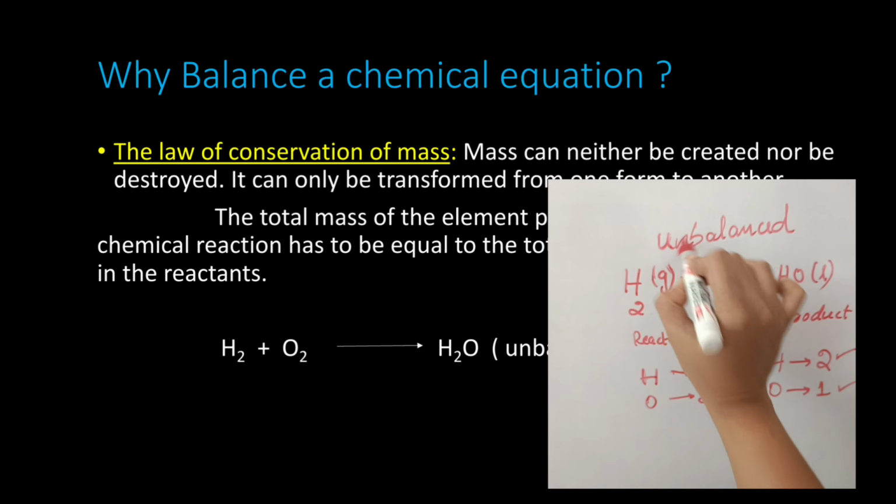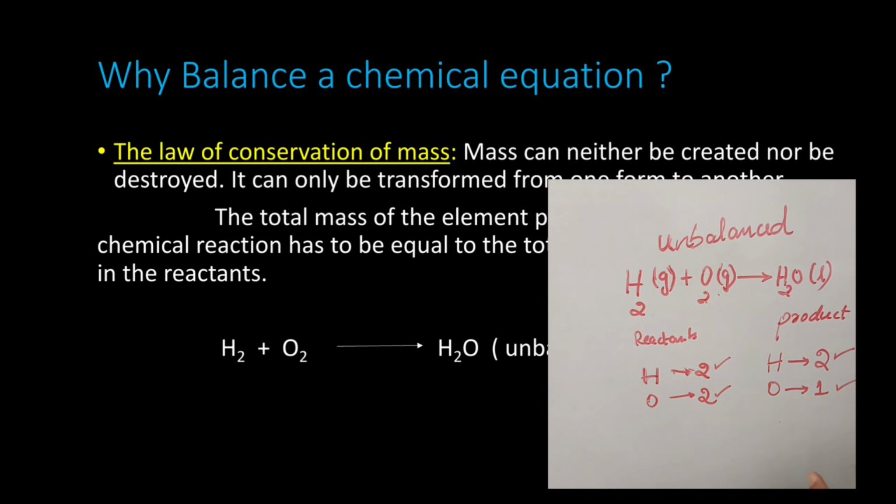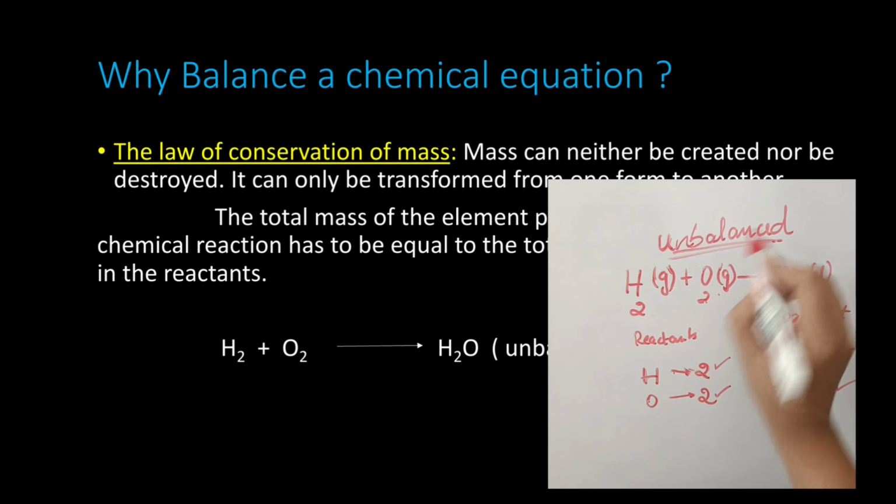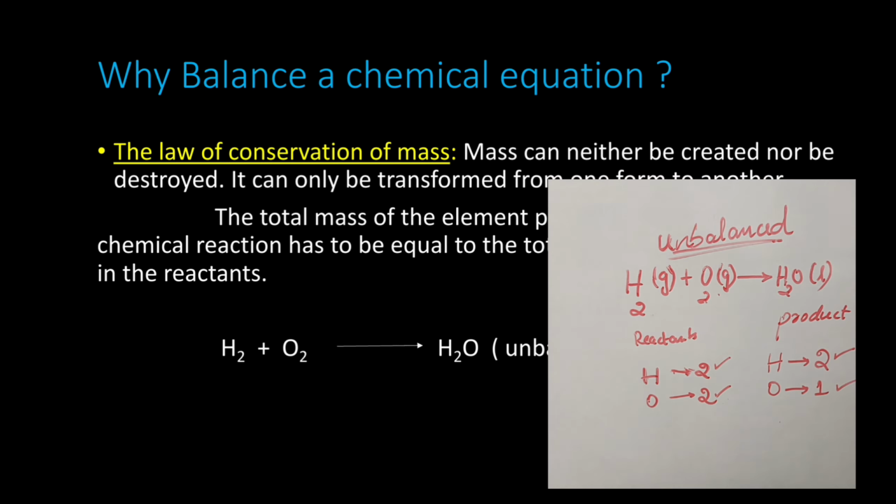Now you have understood what is balanced and unbalanced. If the oxygen on the reactant side and the product side were the same, we would call it a balanced reaction. Now the number of oxygen atoms on the reactant side is not equal to the oxygen on the product side, hence it is an unbalanced equation, okay.